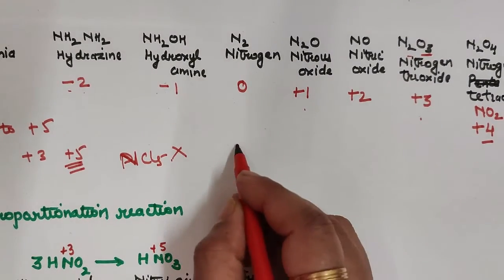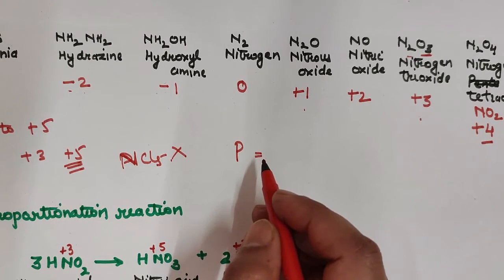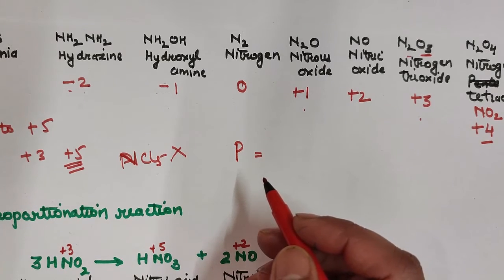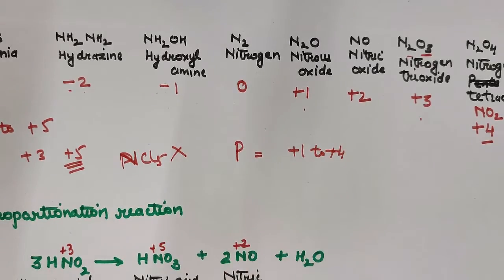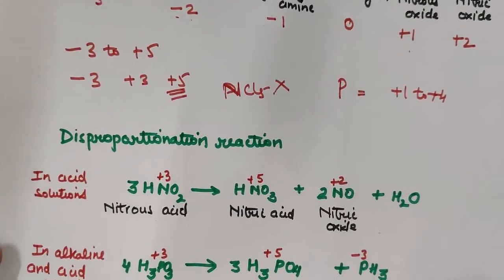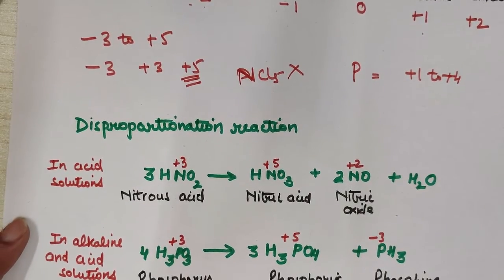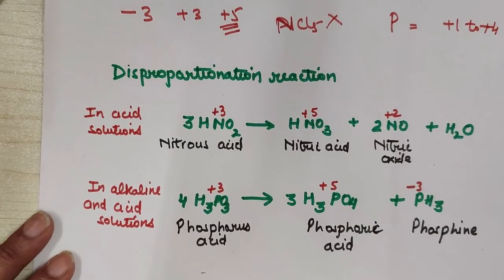In the same way, phosphorus will also exhibit different oxidation states, varying from +1 to +4 in its oxoacids. Now you know that in a redox reaction, reduction and oxidation take place simultaneously.